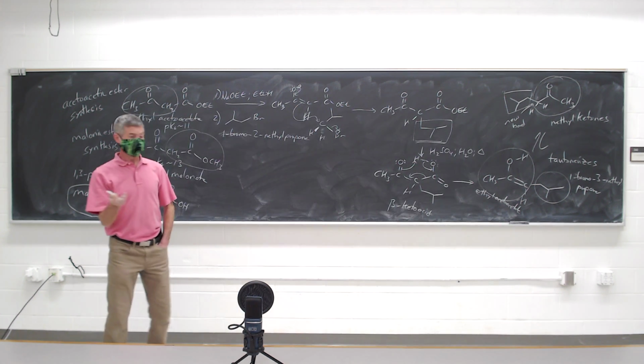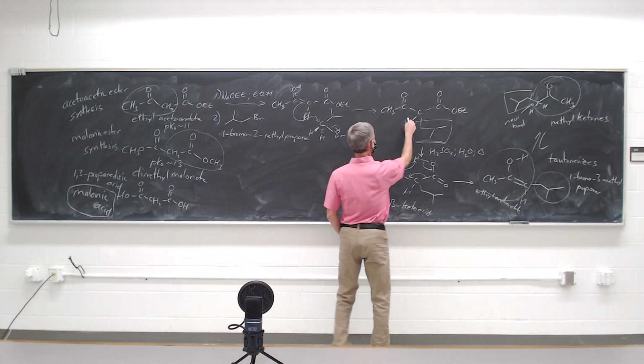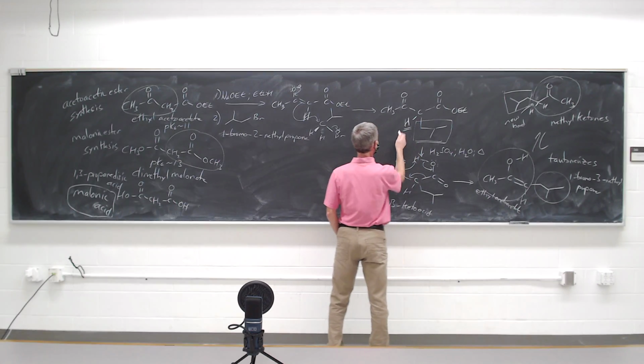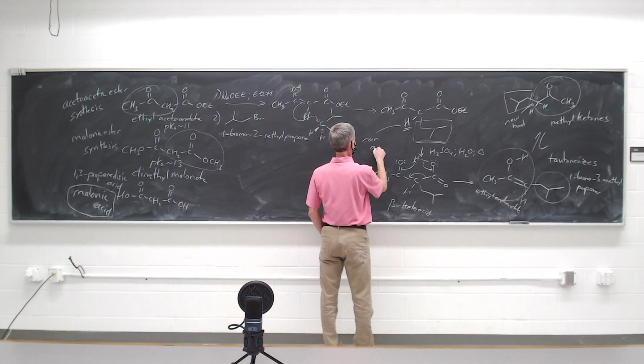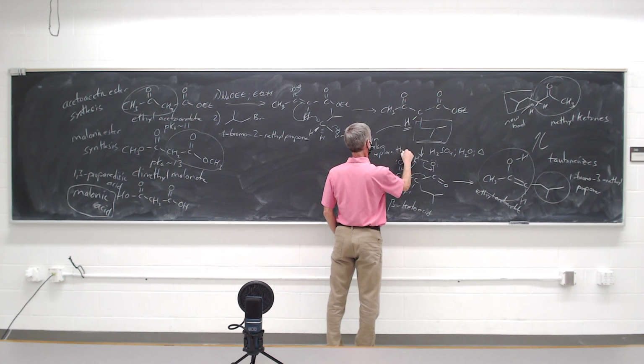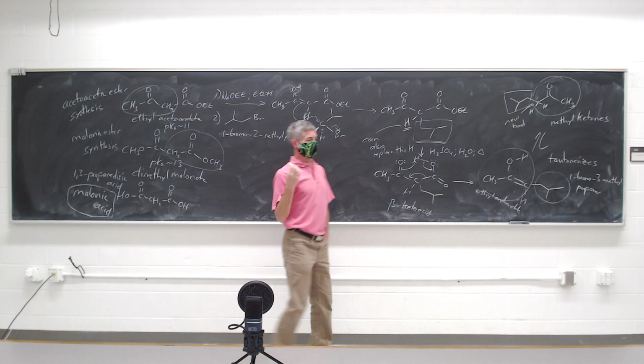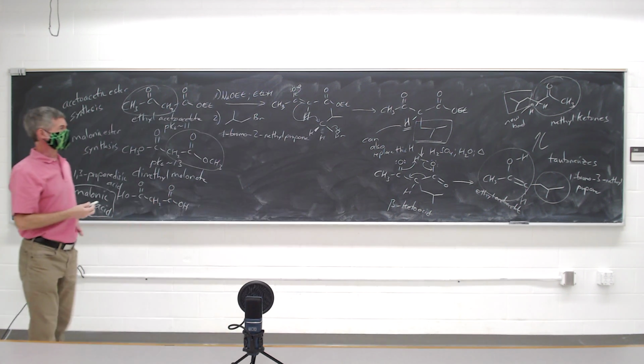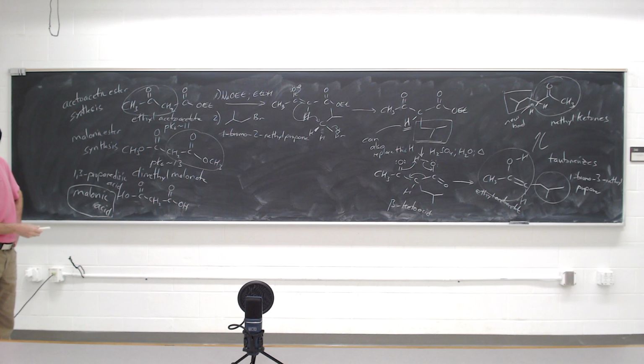And if I wanted to, I could have actually put a second substituent on there. This could also be replaced. So we could actually have two different groups attached to that alpha hydrogen rather than just one.